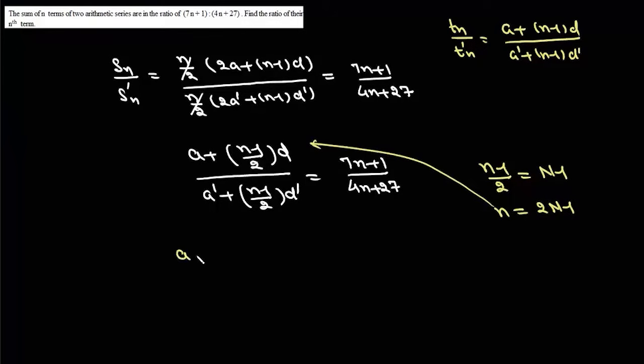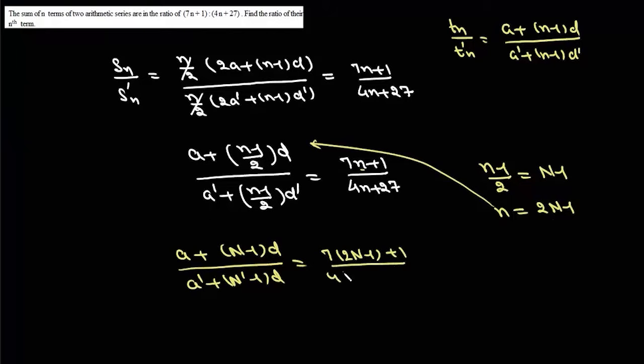We can write a plus (n minus 1)d upon a dash plus (n dash minus 1) into d dash. And here also we'll replace n with 2n minus 1. So there will be (7 into (2n minus 1) plus 1) upon (4 into (2n minus 1) plus 27).